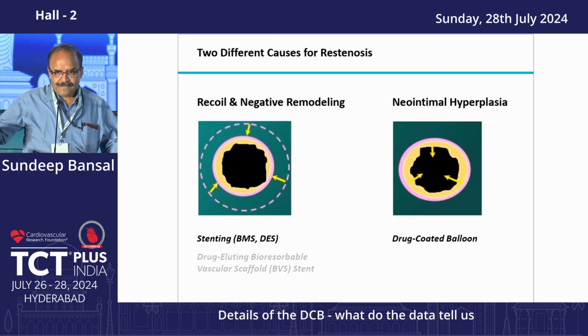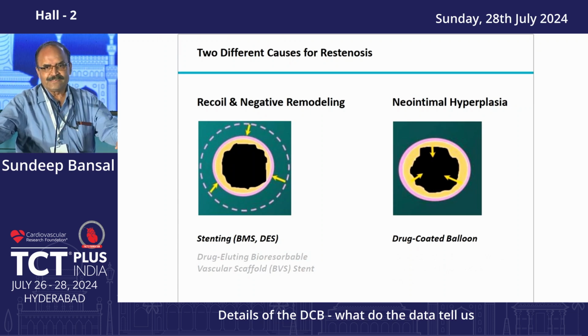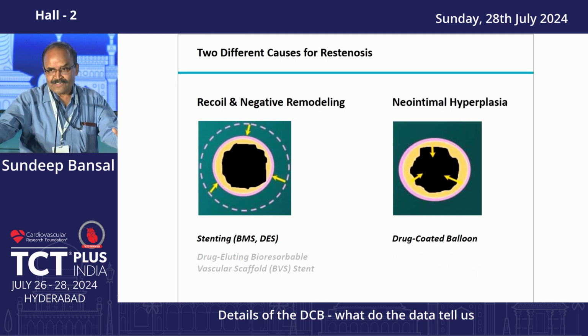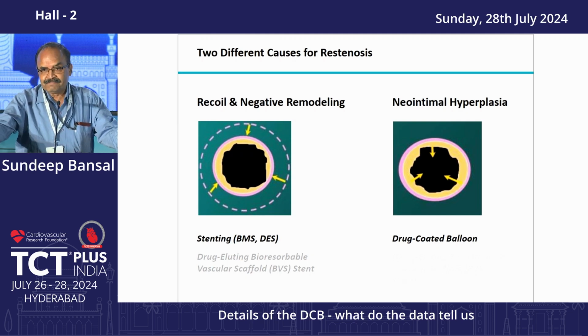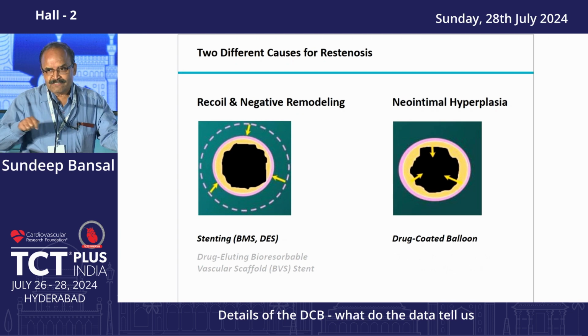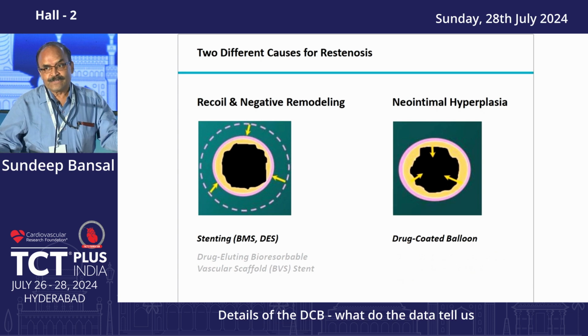So this slide actually reflects what I learned as I started my DM. That was a time when I would make notes. The STRESS and the Benestent trial had just come in, and the stents had started to come in.